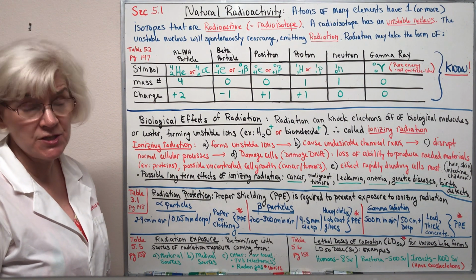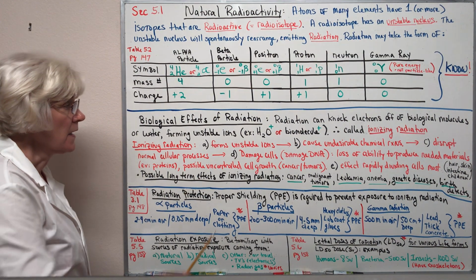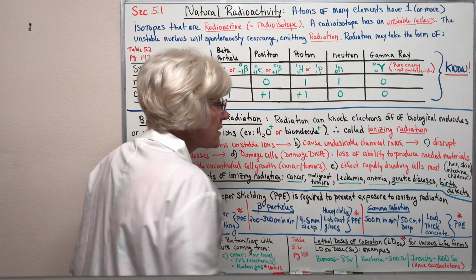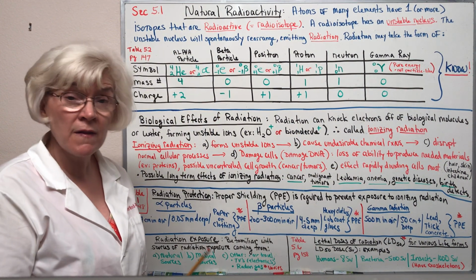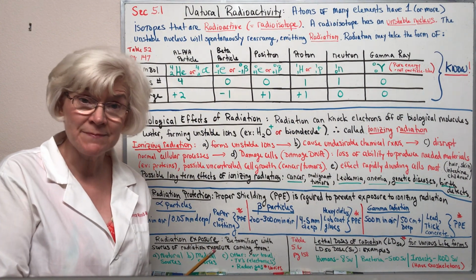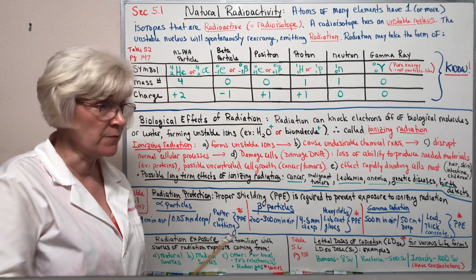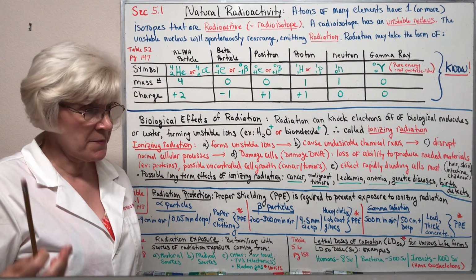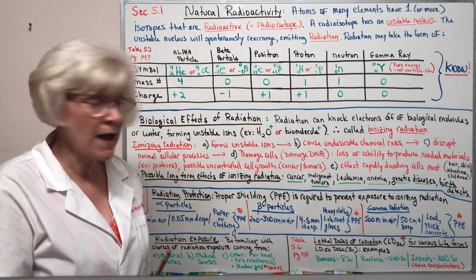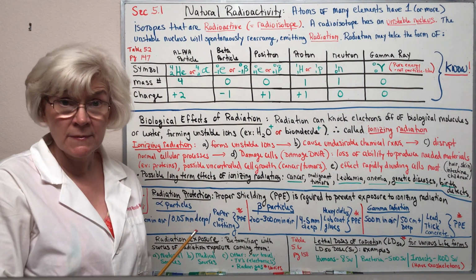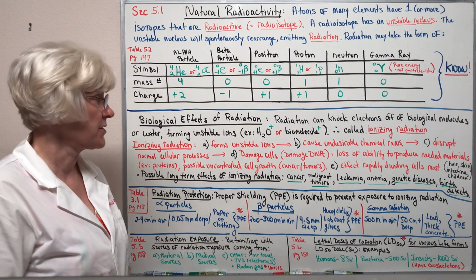What are the biological effects on our body? Radiation can knock electrons off of biological molecules. In other words, we looked at ionization energy, the amount of energy needed to remove an electron from an atom and convert it into an ion. Well, radiation can supply that amount of energy.